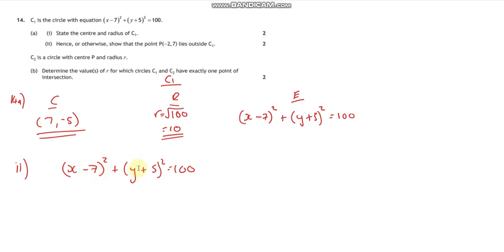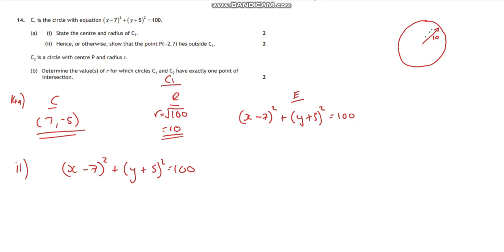Now this number here, what if that comes out as something smaller than this? It would make sense that it's inside the circle, wouldn't it? If the radius is 10, then 10 squared is 100. If this number comes out smaller than 100, it would make sense that the point has to be somewhere like there or there or there, because that distance from the centre to there, squared, isn't quite 100.